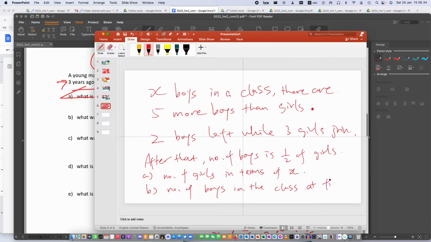How do you do A? How do you find the number of girls in terms of x, given this question? Five more doesn't mean plus, right? Five more doesn't mean minus. How do you decide? It depends. Give yourself a simple example if you don't understand.